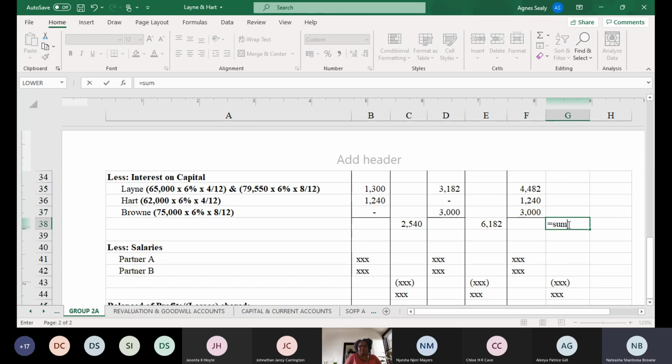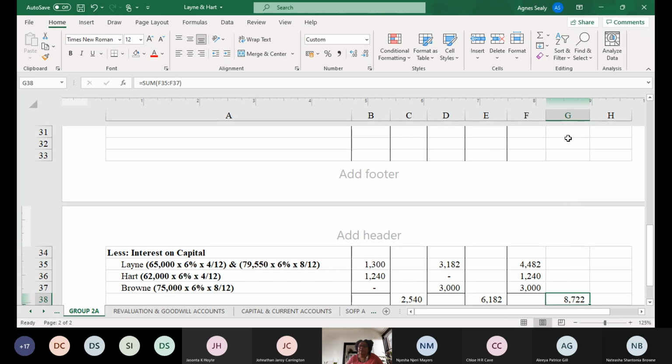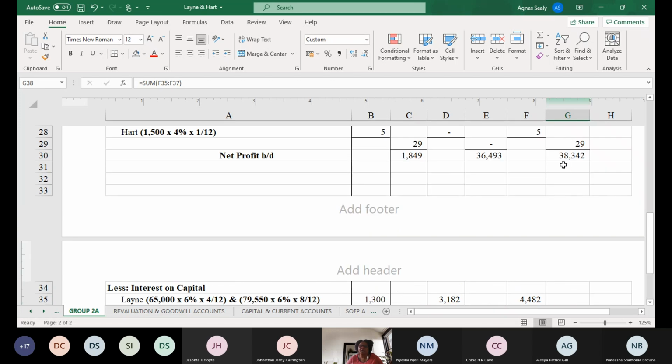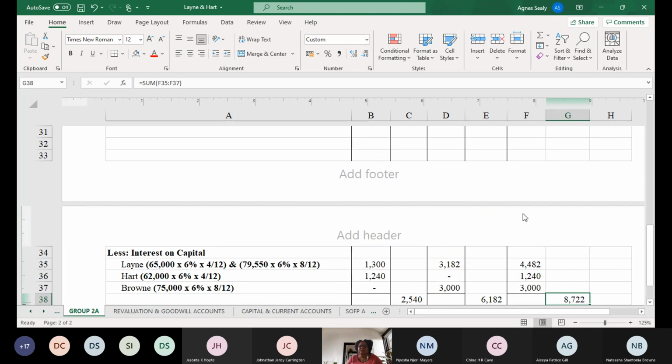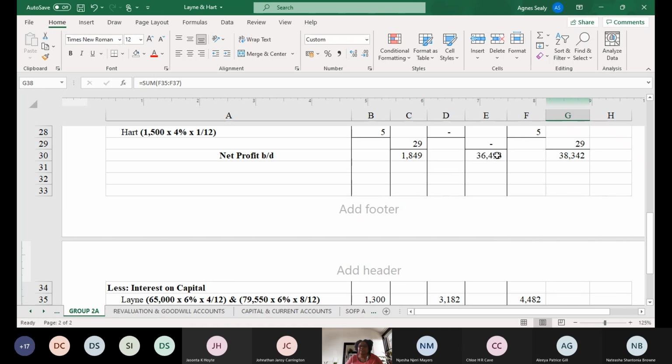No problem, sometimes it's just a calculation error. So the total interest on capital to be deducted from my profit figure here, which is 38,342, is 8,752. So from this 36,493, we are deducting 6,182 in interest on capital, and from this 89.49, we are going to deduct 2,540.